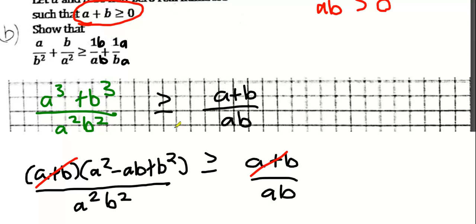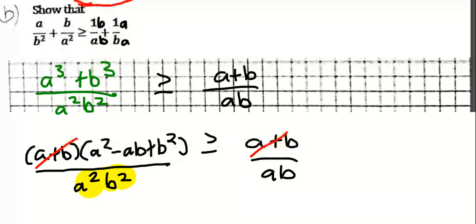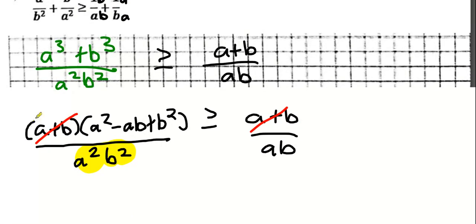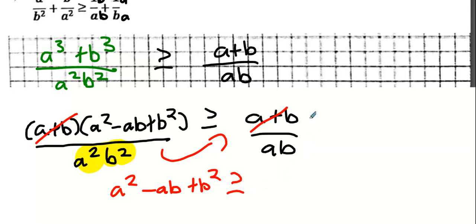How do I know that that number is guaranteed positive? Yeah, a squared is positive and b squared is positive. So I'm going to move it up here. What are we going to have now? That'll be a 1 then, won't it? Because I cancelled the a plus b. And who got a squared plus b squared all over ab?